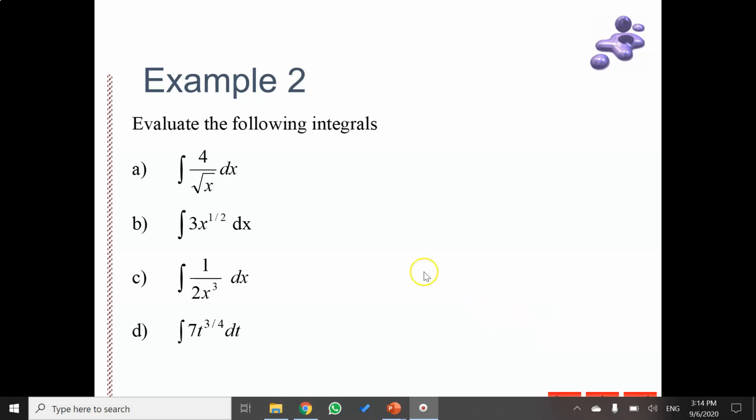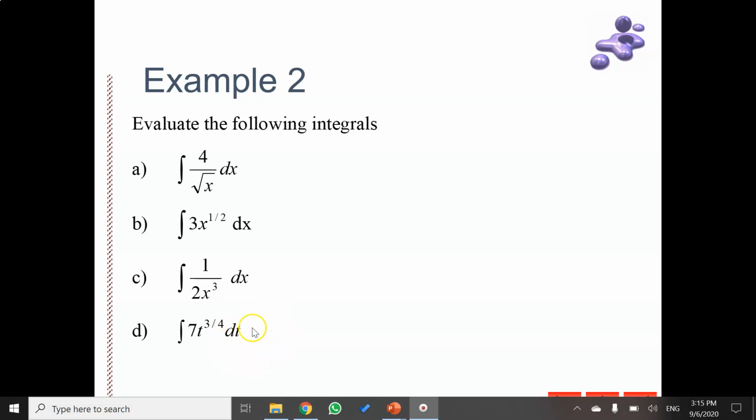Okay, next example. Evaluate the following integrals. A, integrate 4 over square root of x dx. B, integrate 3x to the power of half dx. C, integrate 1 over 2x to the power of 3 dx. And D, integrate 7t to the power of 3 over 4 dt.